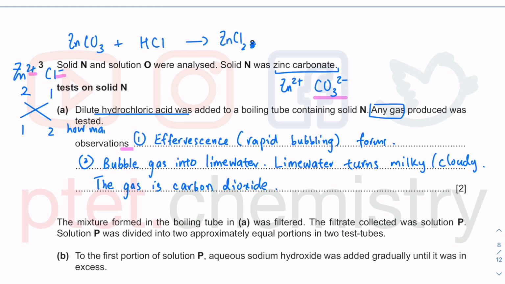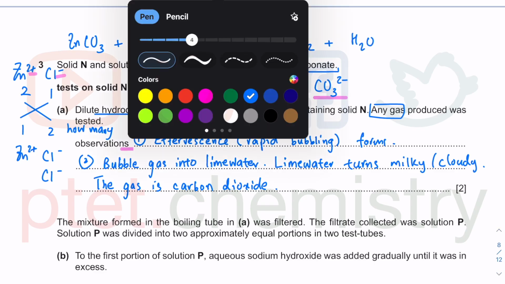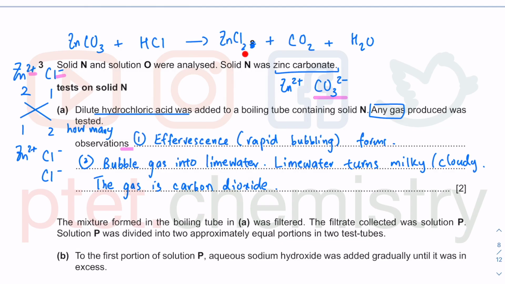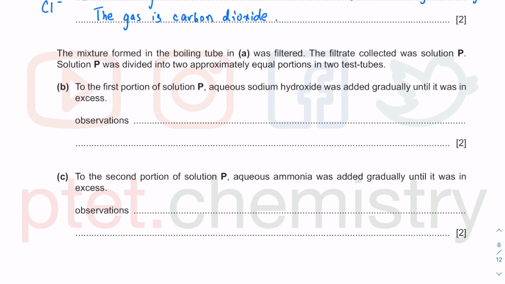This is how we have been working out the formula of ions ever since year 9. So we need 2 of these Cl- there. The formula ZnCl2 will produce CO2 and H2O as well. You cannot write an equation without balancing it. There are 2 chlorides, so 2 HCl, 2 hydrogen, take away 1 oxygen in H2O, leaving behind CO2 as the other product there. Next we have the questions.